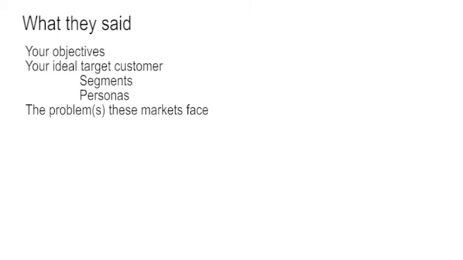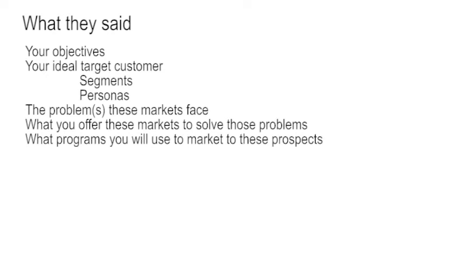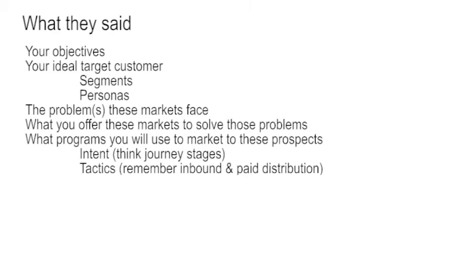Note the linkage there between problem, market and solution. What programs you'll use to market to those prospects, and I suppose that really means intent. We want to think about journey stages there, tactics. Remember, both inbound and paid distribution were recommended, campaigns, costs, measures.